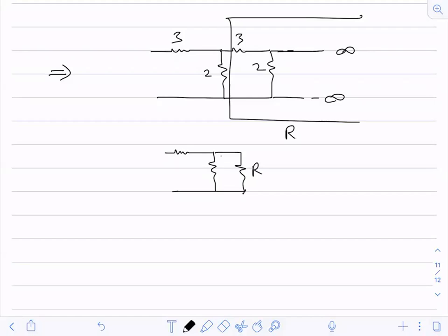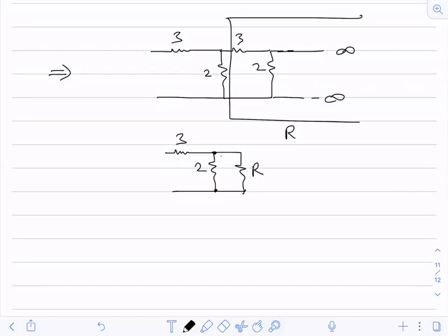So this is R, this is 3, and this is 2. Now, this 2 and R, are they in series or in parallel? They are in parallel.